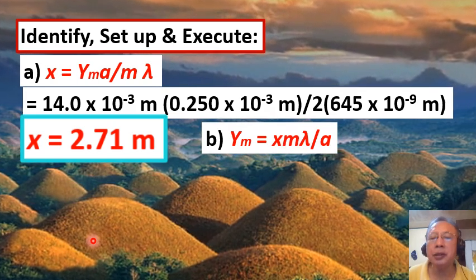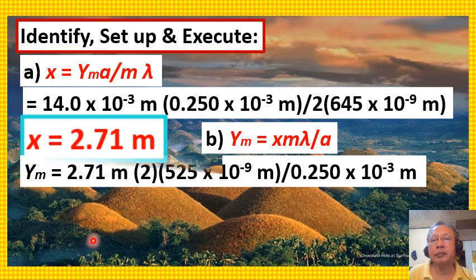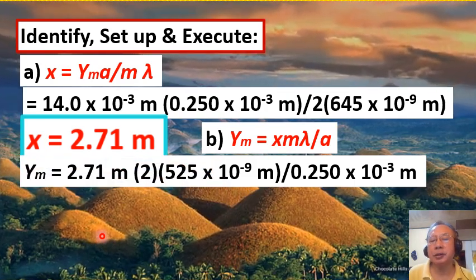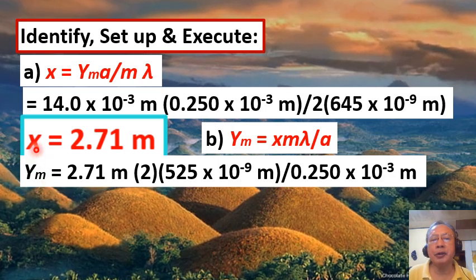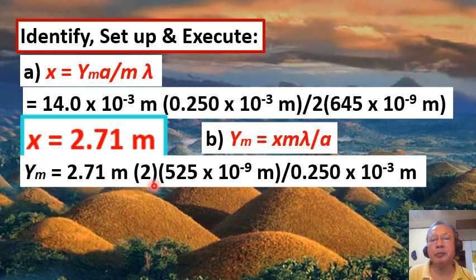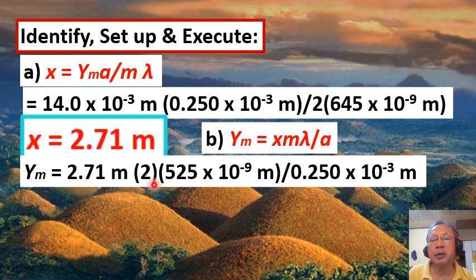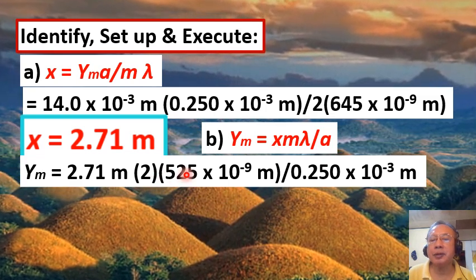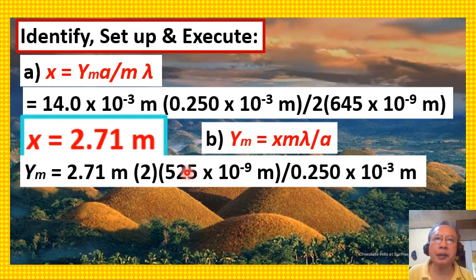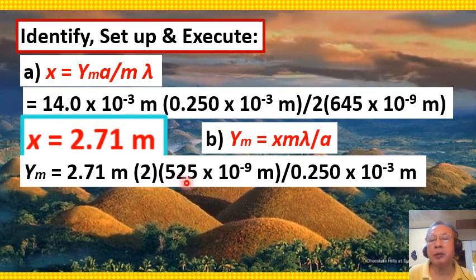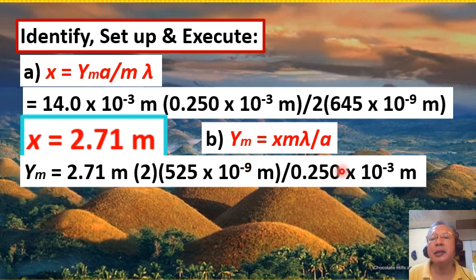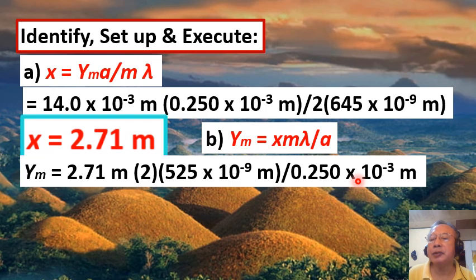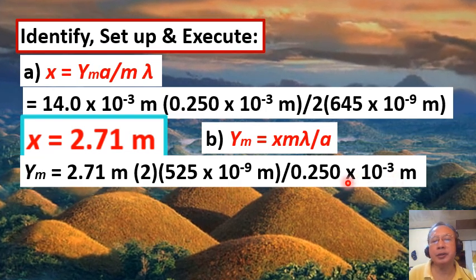So again, substituting the given quantities, y sub m equals 2.71 meters, that is the computed value of x, and then multiply it by 2, since we are talking about the second order minima, and then times the wavelength of the laser light, 525 times 10 to the negative 9 meters, and then divided by the width of the slit, 0.250 times 10 to the negative 3 meters.